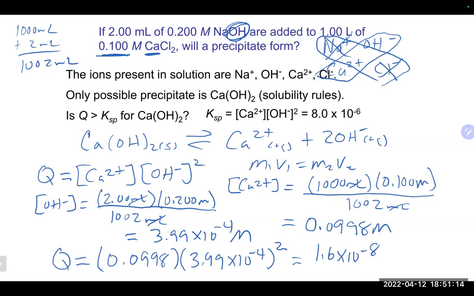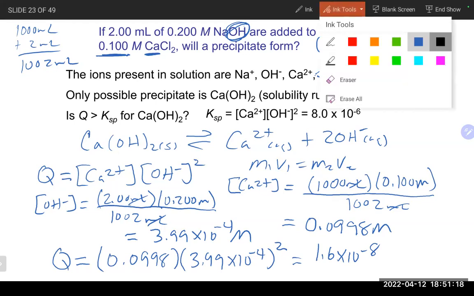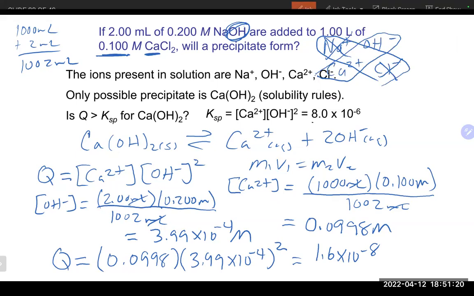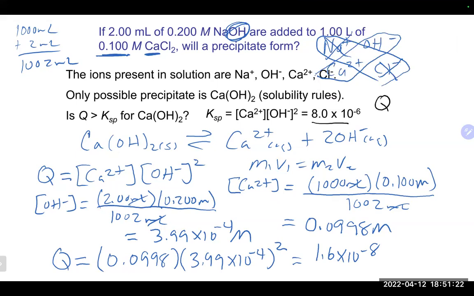All right, so in this case, we're going to now compare the Q value to the Ksp value, which is right here. In this case, Q and our Ksp, Q is less than, equal to, or greater than the Ksp? It is less than, right? That means, would we expect a precipitate to form in this case? We would not.